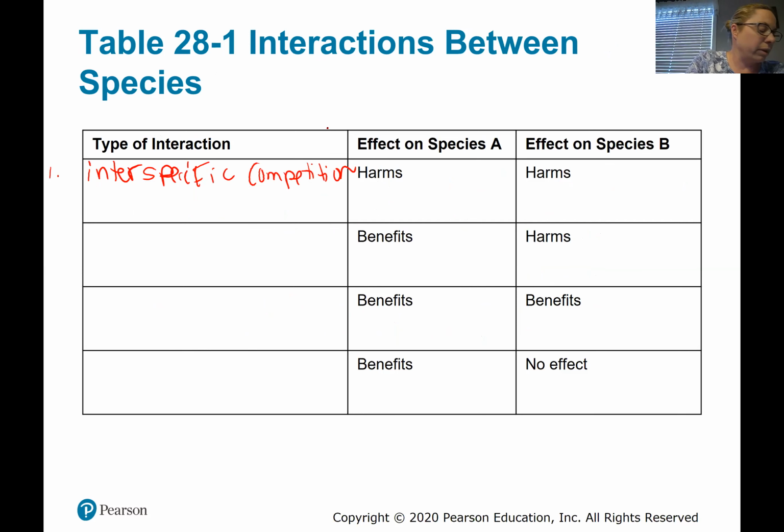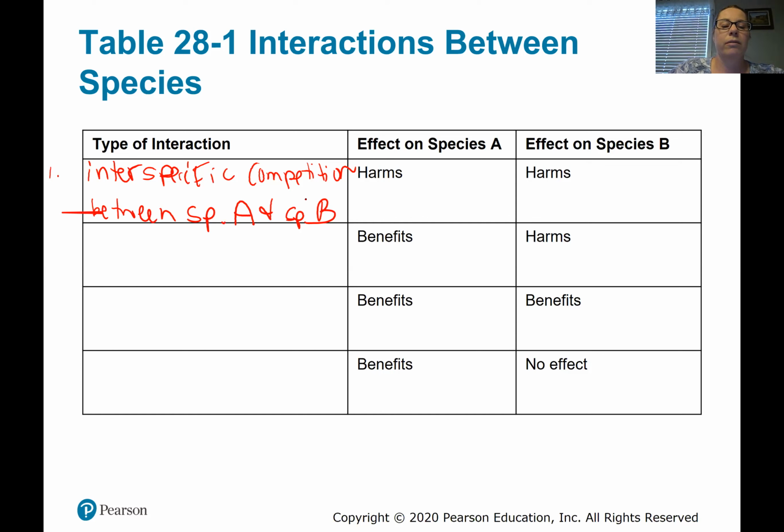That's going to be between species A and species B. Interspecific is between 2 different species, and then intraspecific would be the individuals competing within the same species.